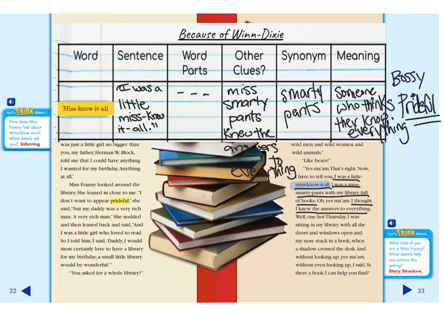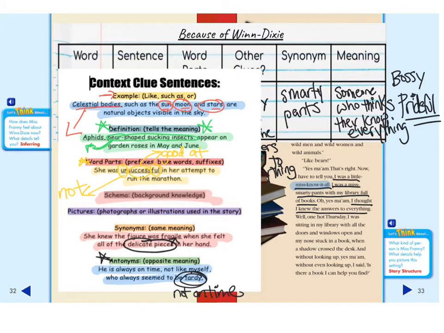Now notice how she's restating that she was a know-it-all since she didn't even look up from her book before she screamed out asking if she could help someone. Now that we have determined the meaning of that phrase, I'm thinking about what type of example, definition, word part, schema, picture, synonym, or antonym, what type of context clue did the author give me around the phrase Miss Know-It-All?